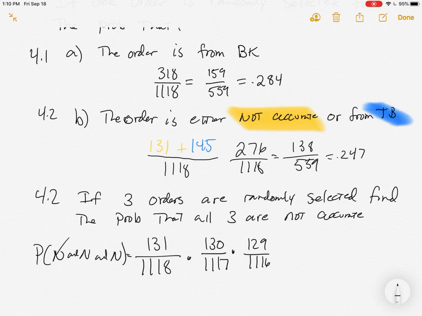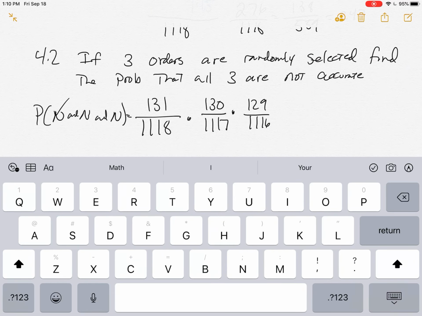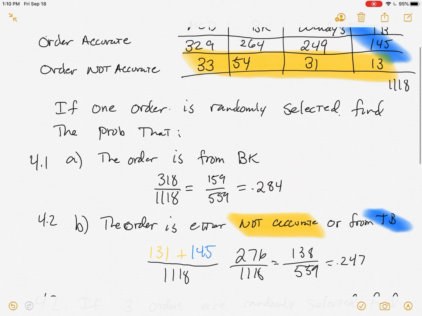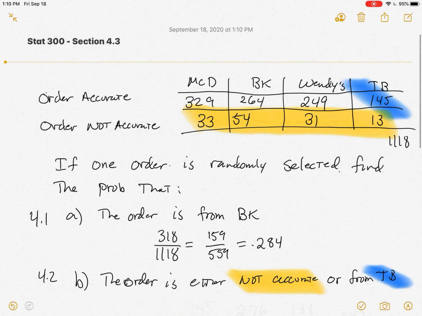So if I plug that in, 131 divided by 1,118 times 130 divided by 1,117 times 129 divided by 1,116, I get a very low number, 0.001576, which I would round to 0.0016.